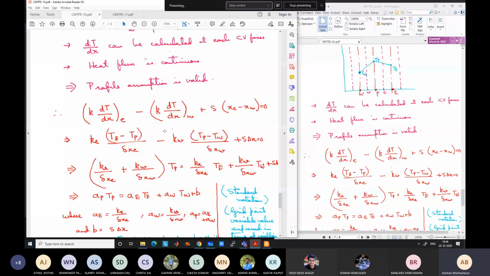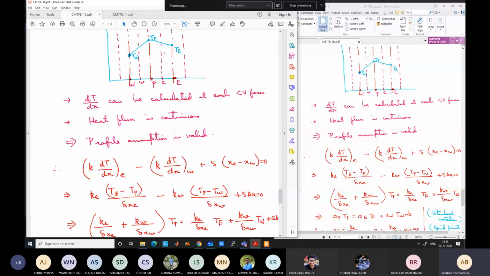For example, the profile assumption for calculating the flux at the interface has been taken as linear, but for the source term, the profile assumption is that the source is constant for each control volume. From small w to small e it is constant. Next, from small e to the next boundary it is another value. So the source term is piecewise constant in each control volume. That's why we have written it like this.